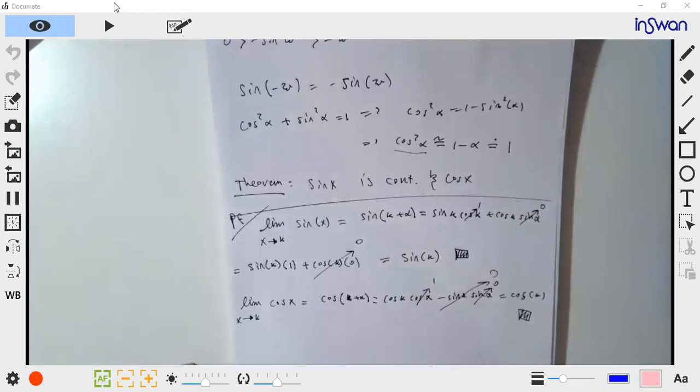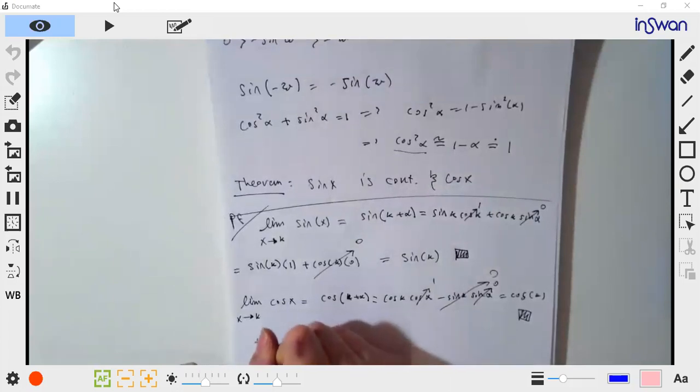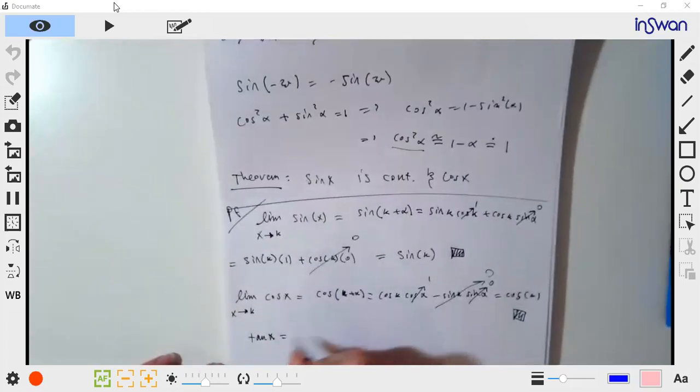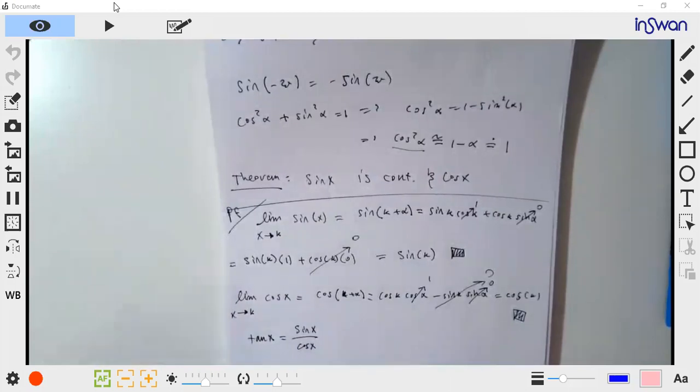It can easily be verified that, since tangent of x is merely the ratio of sine of x over cosine of x, the tangent of x is also a continuous function. However, we must note that since cosine of x is in the denominator, we must omit the values of x for which cosine outputs 0, because then we'd be dividing by 0.